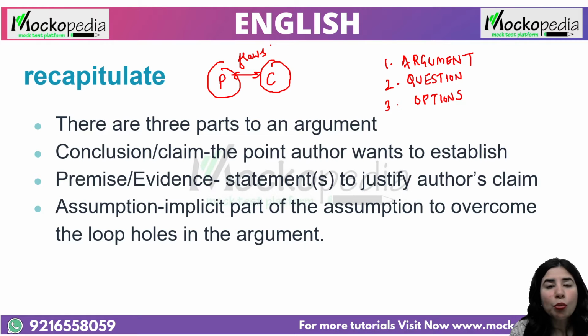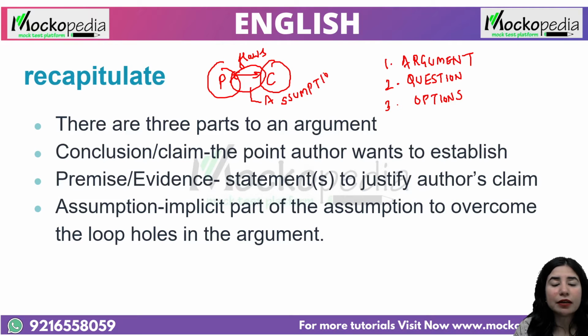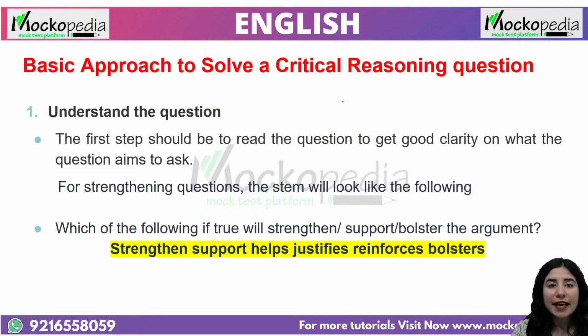So, in order to overcome the flaw, we take into consideration the third part of an argument that we call an assumption. Now you need to take care of this: if we have to strengthen the argument, we are always going to reinstate the assumption. Okay, so our idea will always be to reinstate the assumption, right? So let's further see what lies ahead.